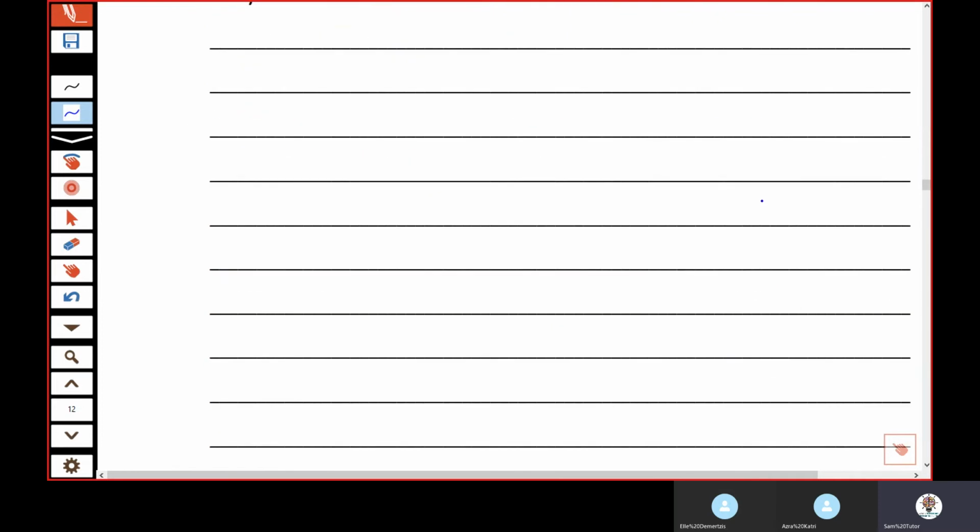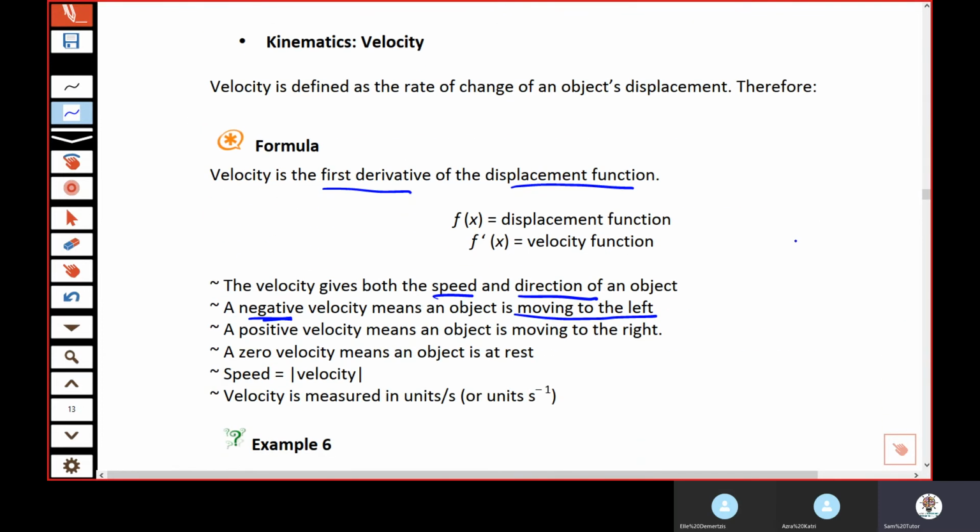So if we were to interpret something quickly, if I said x is less than 0 and x dot is greater than 0, that means it is to the left of the origin, but x dot means it is moving to the right.